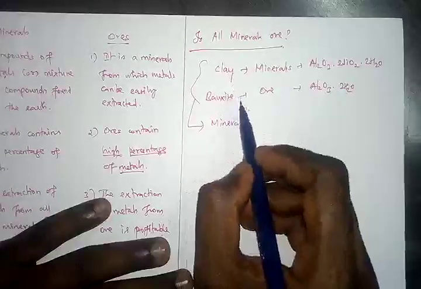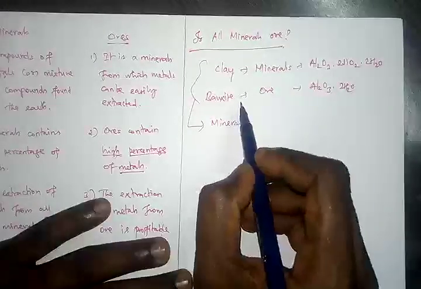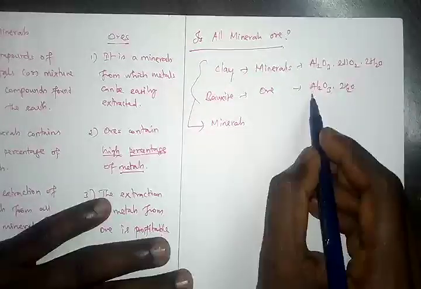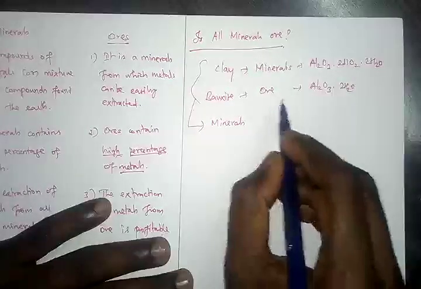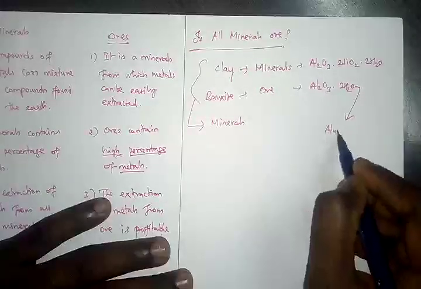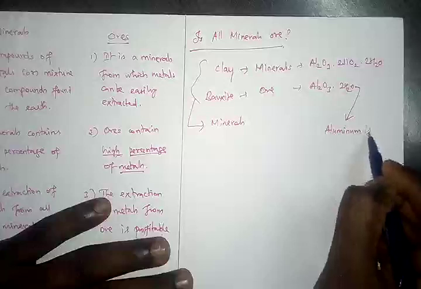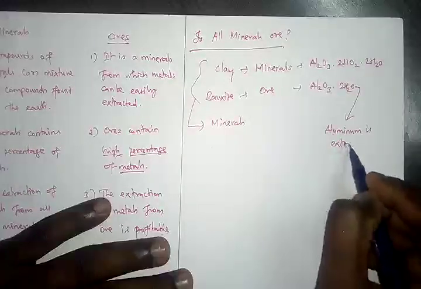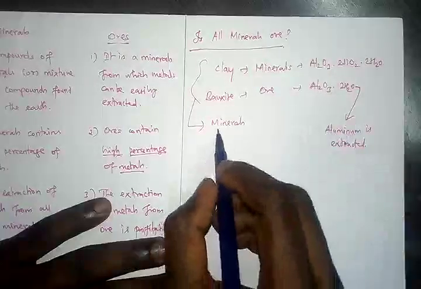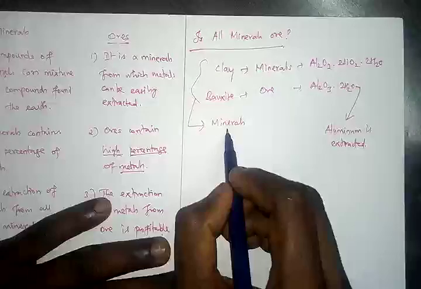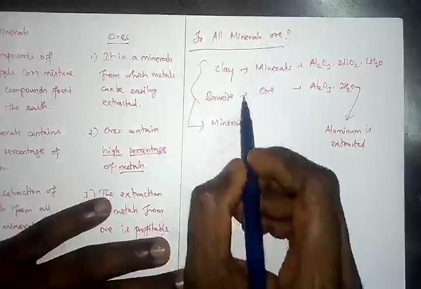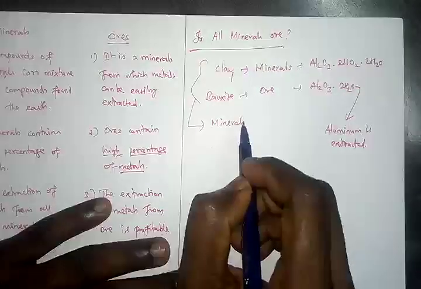But from which is the aluminium extracted profitably? Only from bauxite. Aluminium is extracted from bauxite alone. From clay we don't extract, right? So are all minerals ores?